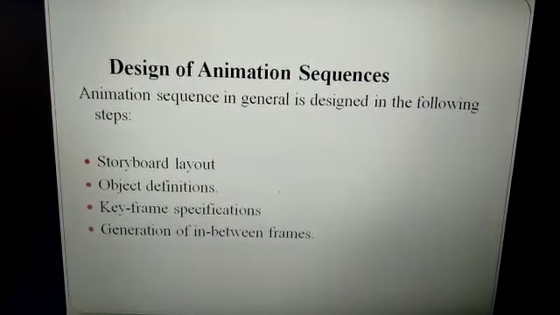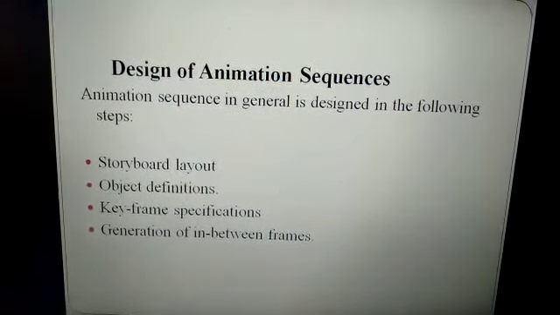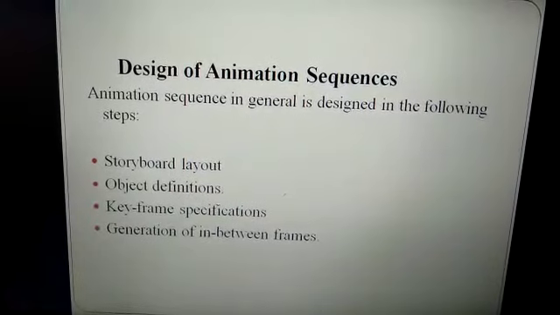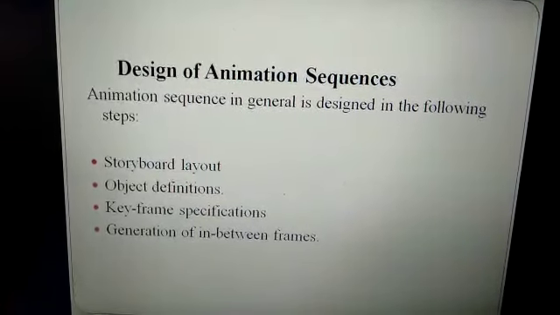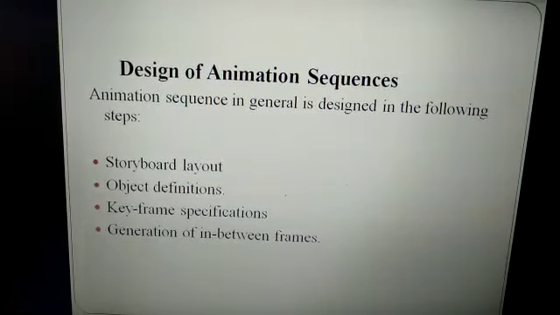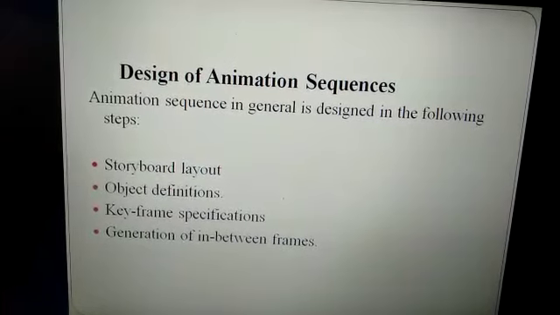Before discussing more about the swapping of buffers, let us discuss one more topic called design of animation sequences. The construction of an animation sequence can be a complicated task, particularly when it involves a storyline and multiple objects, each of which can move in a different way.